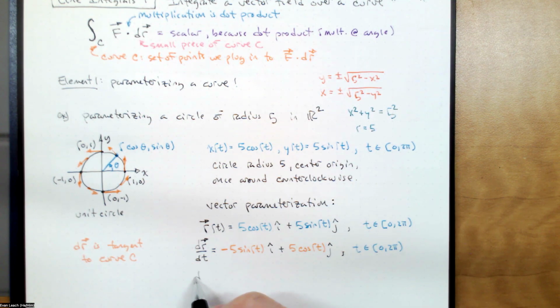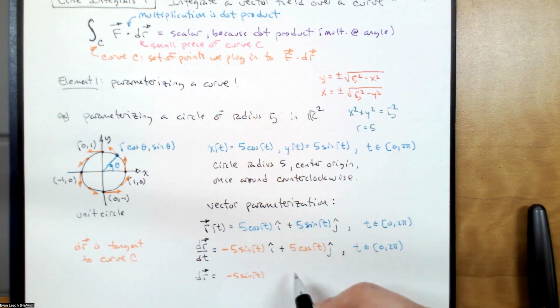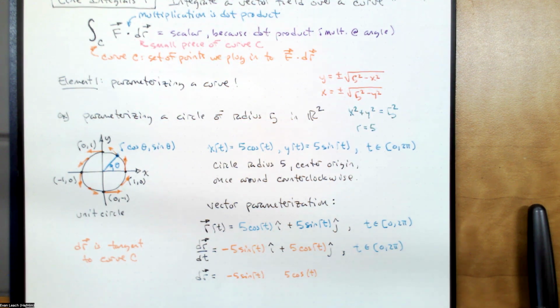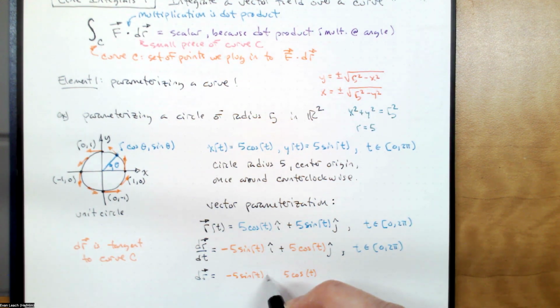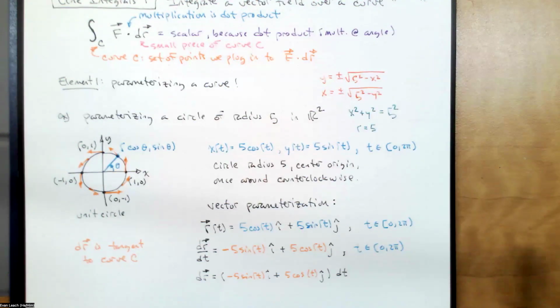So dr is going to be minus 5 sine t i plus 5 cosine t j times dt. We just multiplied by dt to isolate the dr, because that's the only part that we see in the line integral notation.